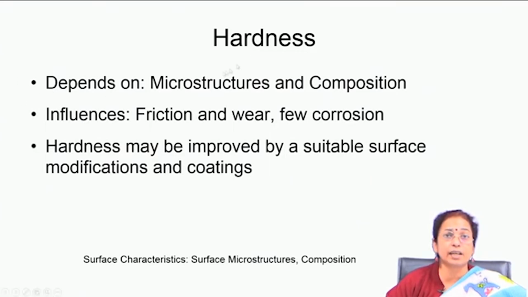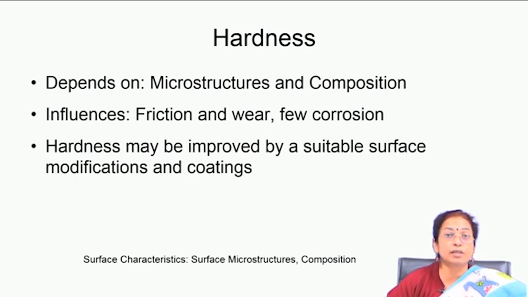Hardness is a primary mechanical property which influences many important surface dependent mechanical properties like friction and wear, and corrosion property. It is dependent on the microstructure and composition of the materials, and also on the surface structure, because if you do any kind of operation on the surface, the hardness, particularly the scale of hardness, will vary.